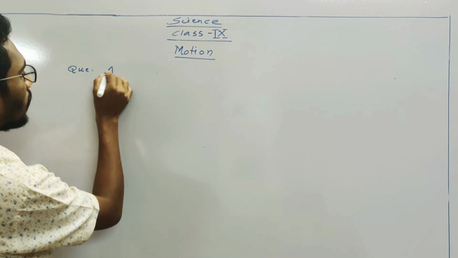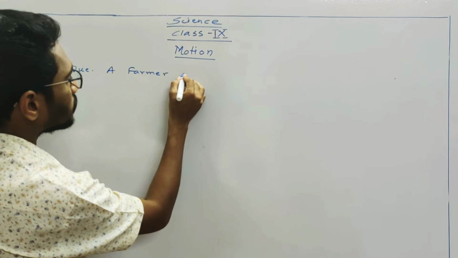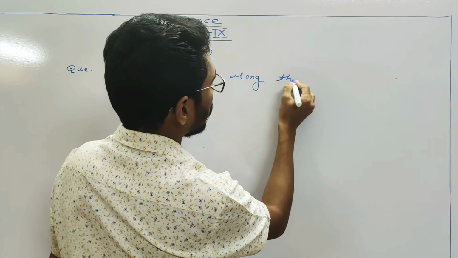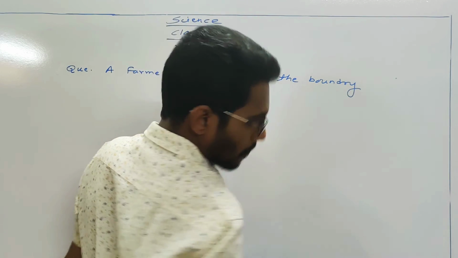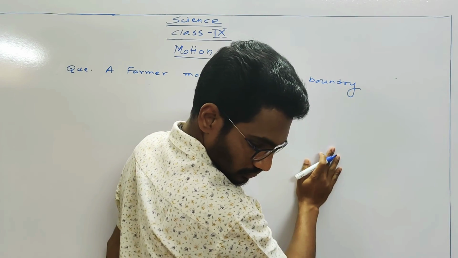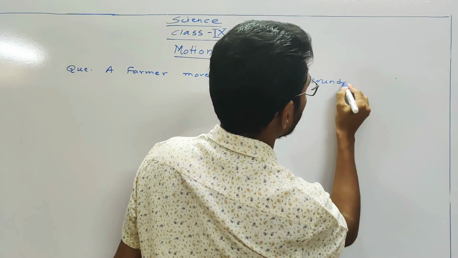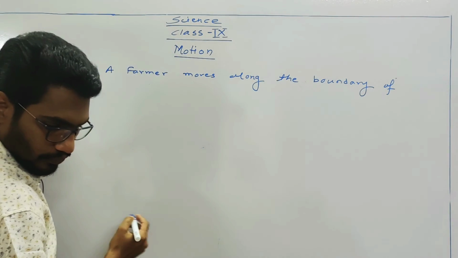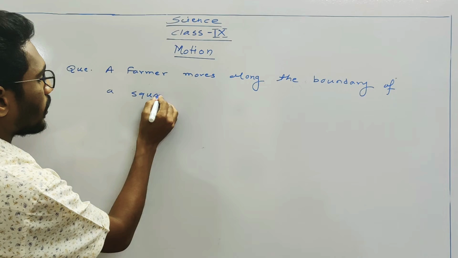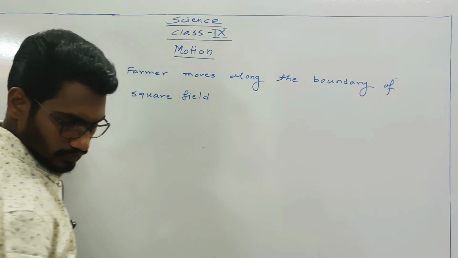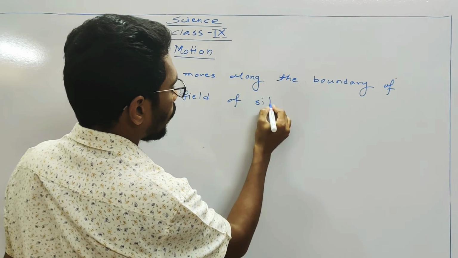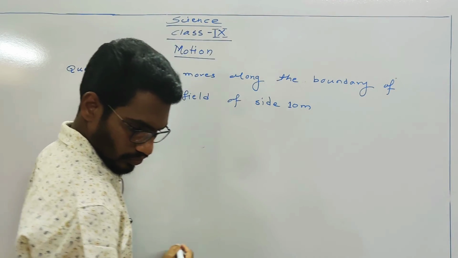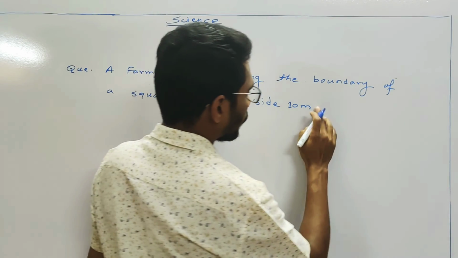The question is, a farmer moves along the boundary of a square field of side 10 meter in 40 seconds.